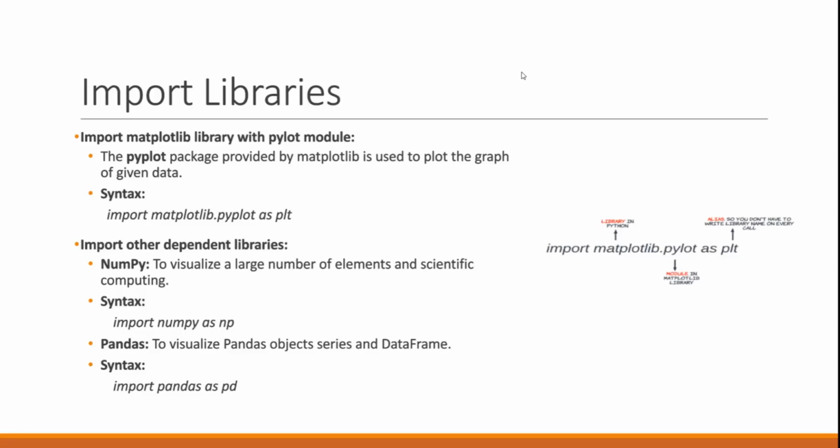And the syntax to import NumPy is import, then the library name, in the case of NumPy it is numpy, and the alias name, which is np in general. You can give an alias name as per your choice also. Instead of np, you can write anything. Then pandas is used to visualize pandas objects, series and data frames. And the syntax to import pandas is import pandas as pd.